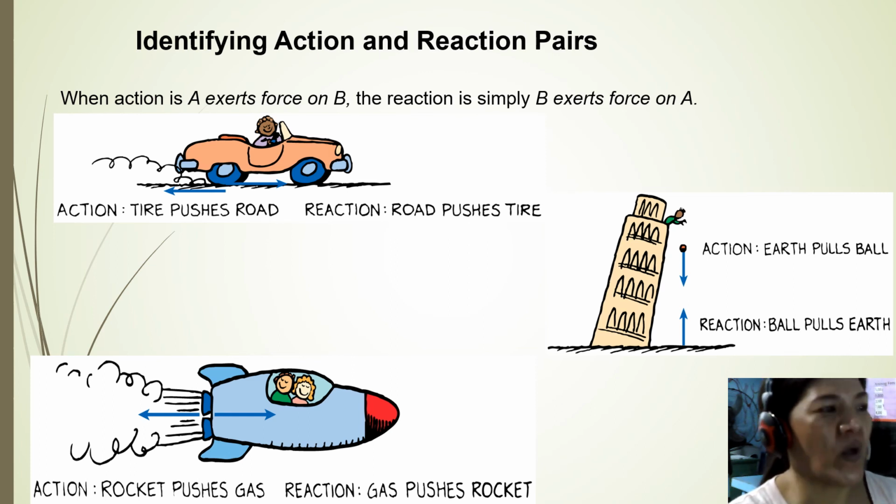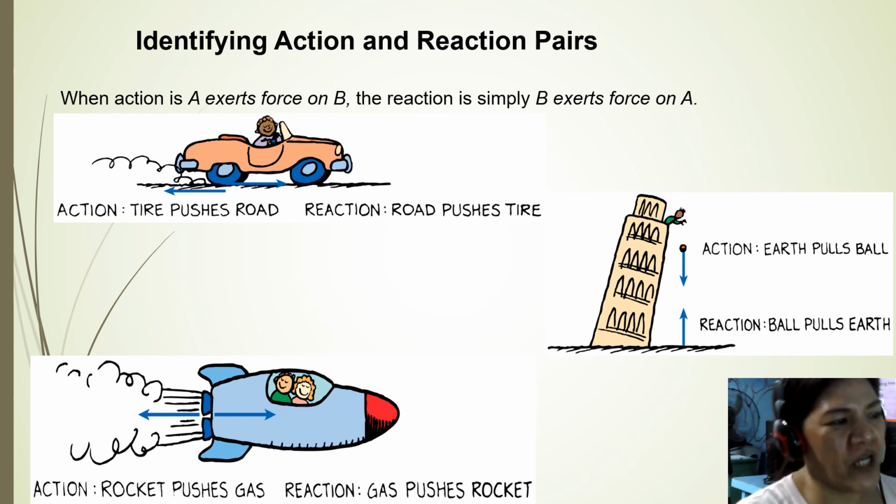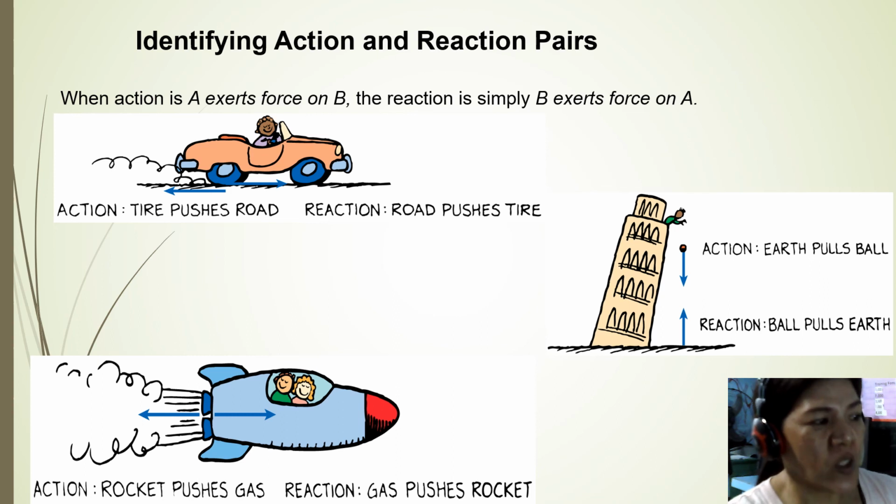Okay, next. We have here the rocket pushes gas and gas pushes rocket. Now, which one is the action and which one is the reaction? The action here is the rocket pushes the gas and the reaction is the gas pushes the rocket.